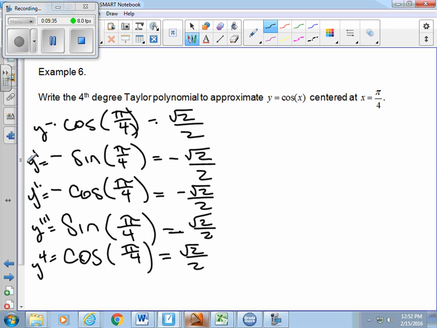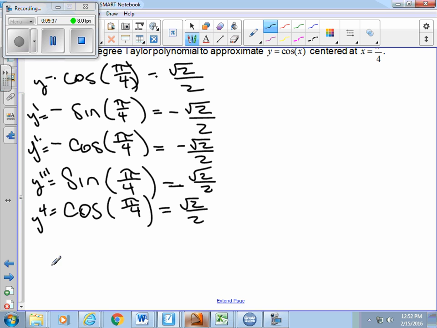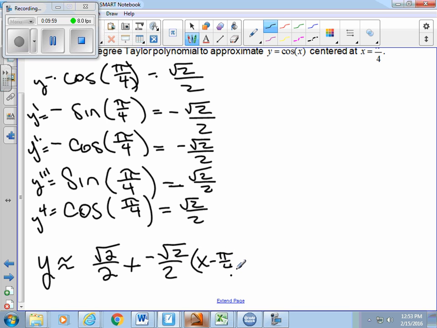So my fourth degree Taylor polynomial, y is approximately radical 2 over 2, plus, or minus if you would rather, negative radical 2 over 2 times x minus pi over 4, plus, am I going too fast?